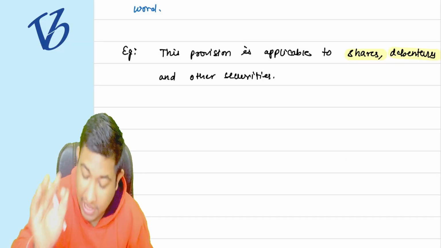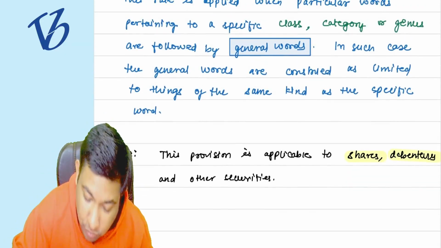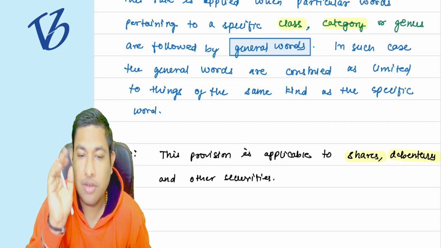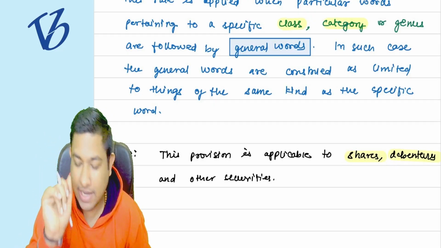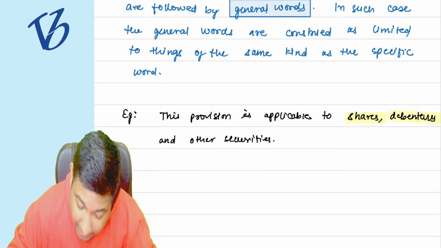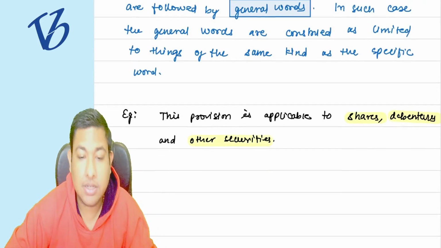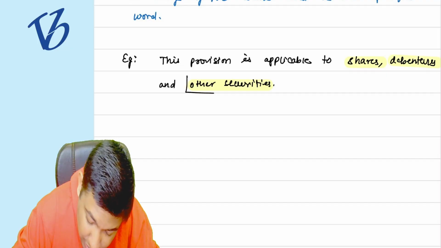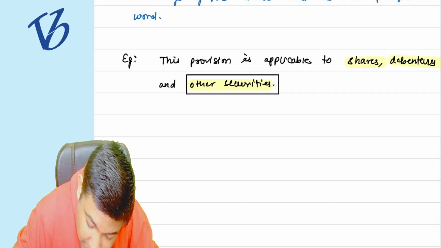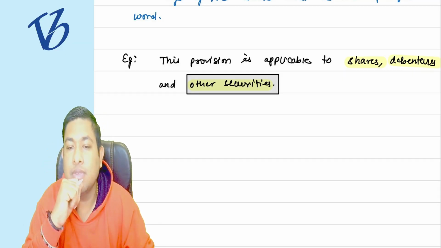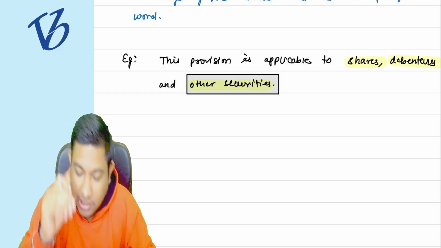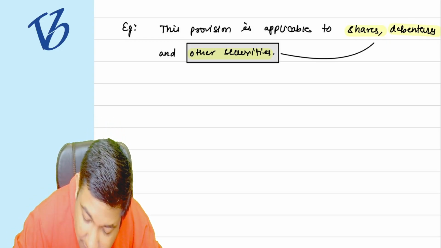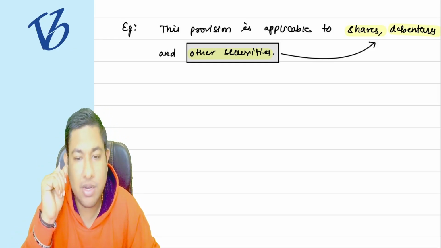Shares and debentures are two specific words related to a particular class or category of financial instruments. Correct or not? Financial or capital market instruments. Yes. But it is followed by a general word, that is, any other securities. So what does this word mean? Any other security will comprise anything which is related to shares, debentures, or financial instruments of the capital market. Right?